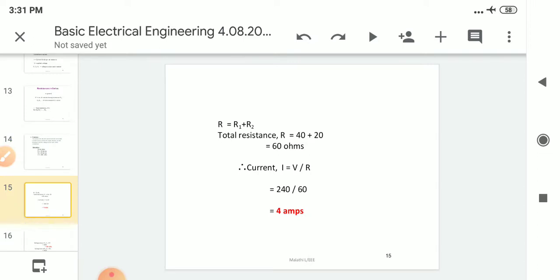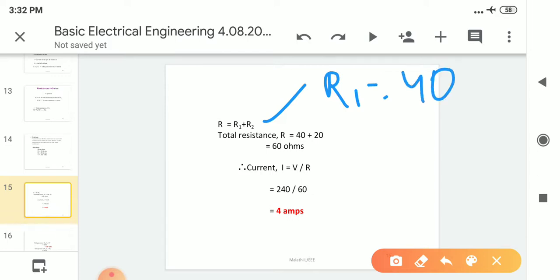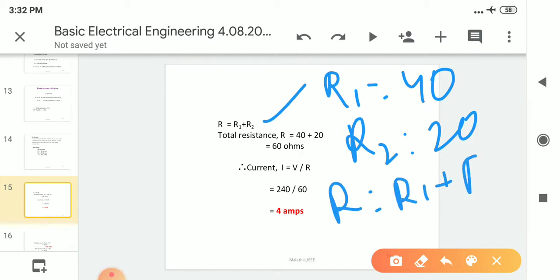What is the equivalent resistance for a series? For equivalent resistance of a series, R is equal to R1 plus R2. Here R1 is equal to 40, R2 is equal to 20. So R is R1 plus R2, which is equal to 60 ohms. Current I is equal to V by R. This 240 by 60 gives 4 amperes as the answer.